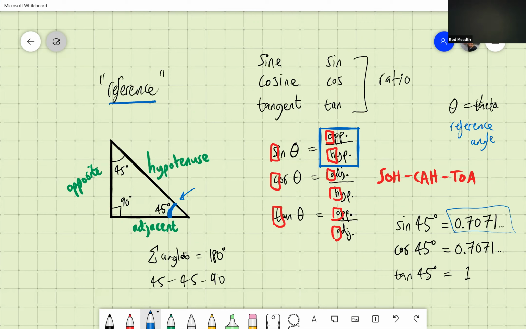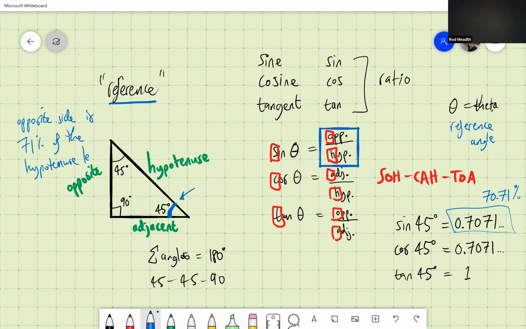If you want to think of that instead, maybe it's more helpful, as 70.71%. Maybe that's easier to think of it like that, okay? It's about 71%. So what we're saying is the opposite side, maybe I'll even write it here, it's just saying the opposite side is 71% of the hypotenuse.